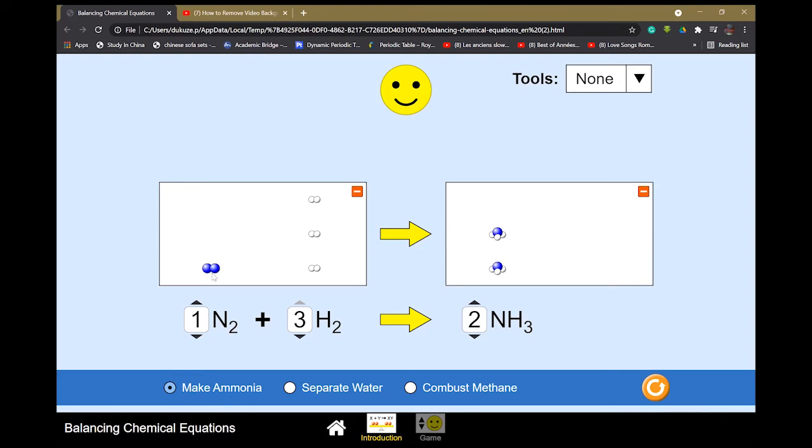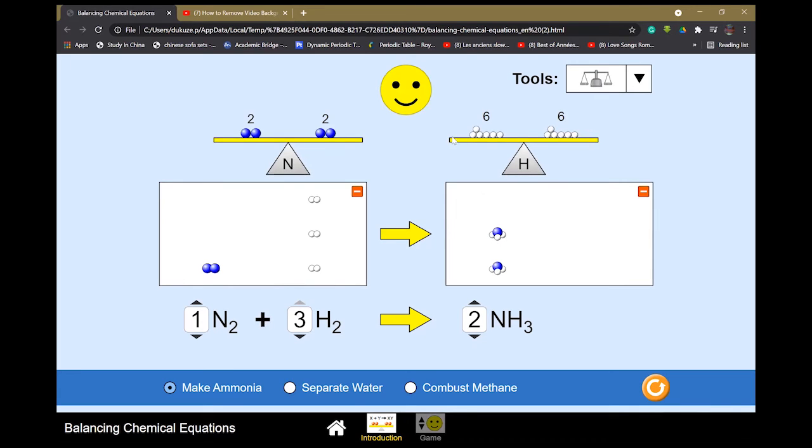You can see we have 1 nitrogen molecule which has 2 atoms and 3 hydrogen molecules combining to give 2 ammonia molecules, right? Now let's use the tools.